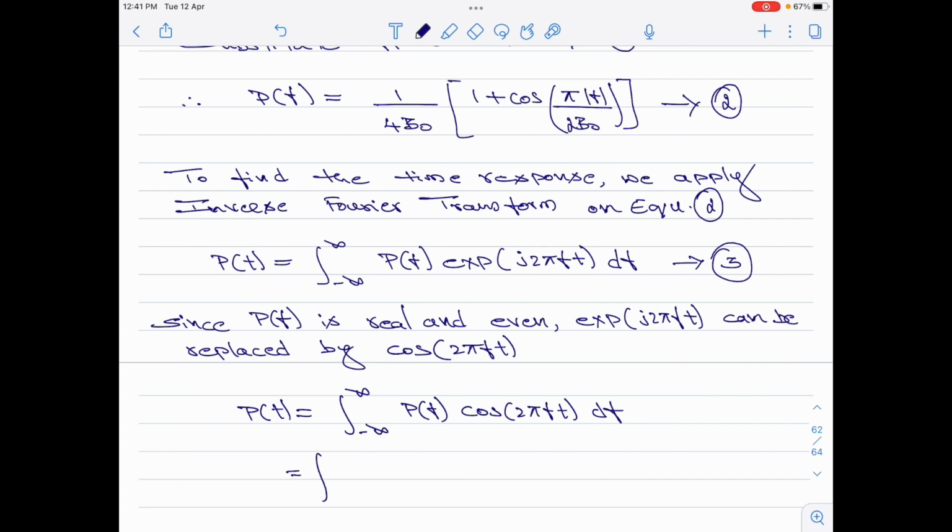So, this is integral minus 2b naught to plus 2b naught multiplied by 1 divided by 4b naught into 1 plus cos pi f divided by 2b naught into cos of 2 pi f t df.